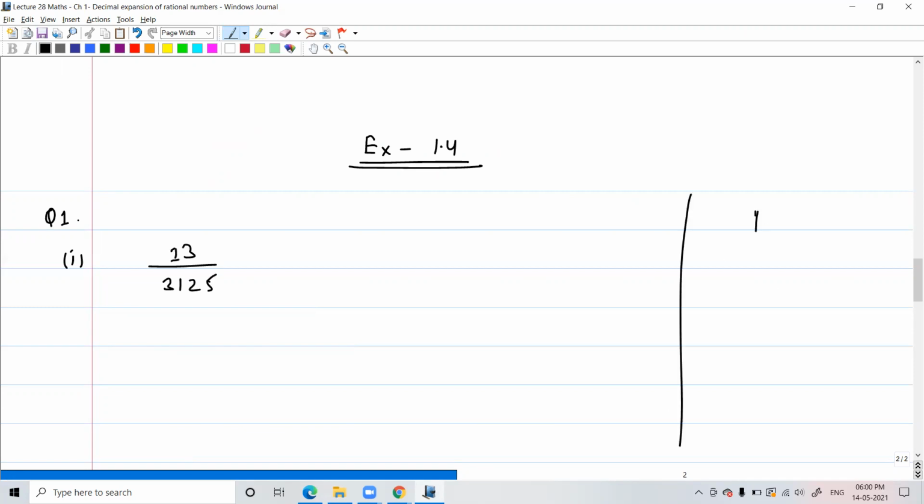Go to the rough work and find the prime factorization of this number. So this is basically 5 to the power 5.